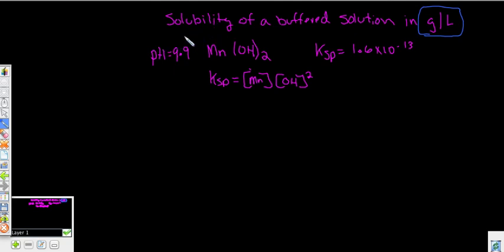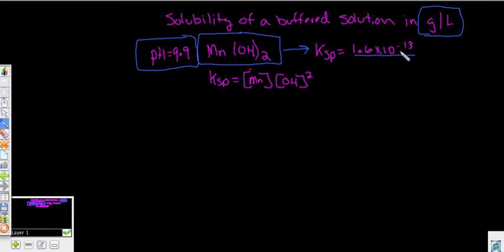So with all of these equilibrium problems, it's really about knowing the chemistry, what's going to happen, and then the calculations are not so hard after that. So here's what we know. We have a pH of 9.9. Our salt is manganese hydroxide, and we could look the Ksp up in the back of the book, and we find that it's 1.6 times 10 to the negative 13th.